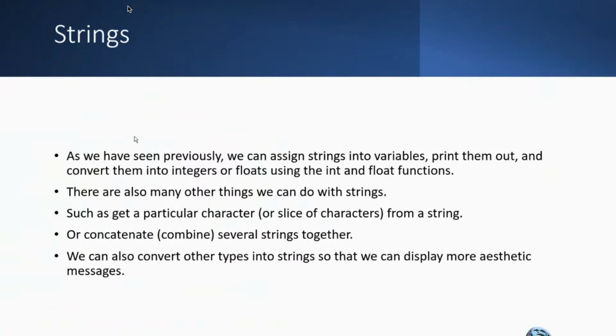There are also many other things we can do with strings, such as get particular characters or slice characters from a string, or combine several strings together. We can also convert other types into strings so that we can display more aesthetic messages.